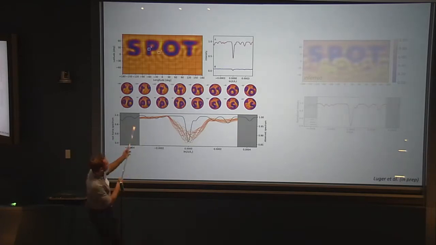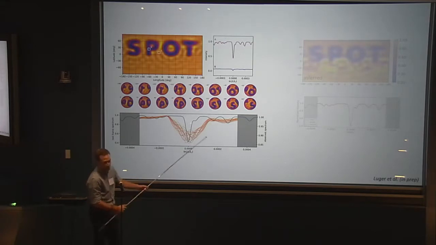So given some spot configuration on a star, this is a spotted star, and a spectrum, and the fact that the specific intensity in the spot is lower, what will happen is if the star is rotating fast enough, you have some rest frame spectrum that's blue here.